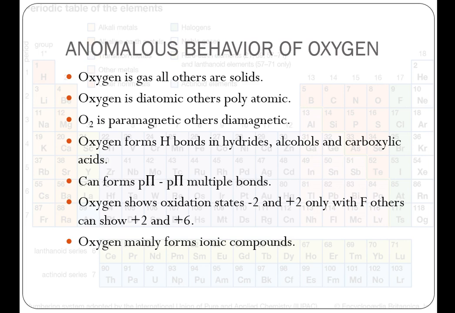Oxygen forms hydrogen bonds in hydrides, alcohols, and carboxylic acids. Oxygen can form p-pi multiple bonds. Oxidation state of oxygen is -2, where it is only +2 with fluorine. However, others can also show +2, +4 and +6. Oxygen mainly forms ionic compounds.